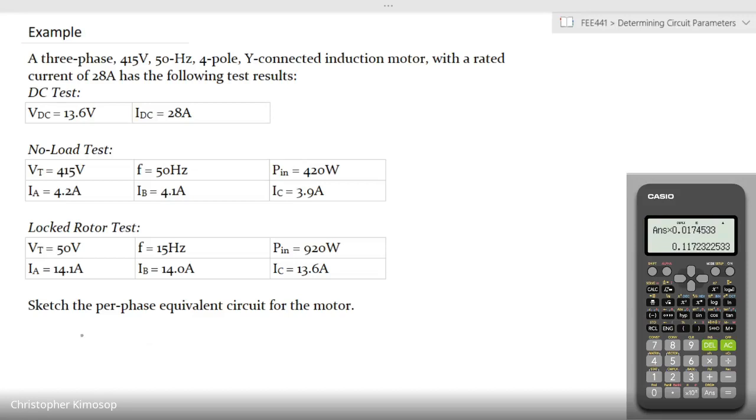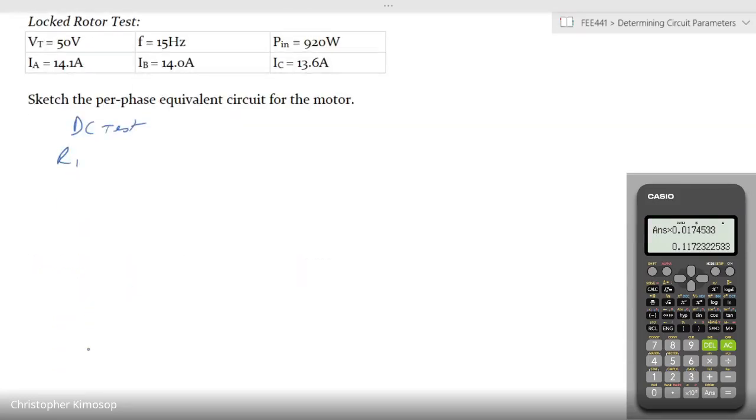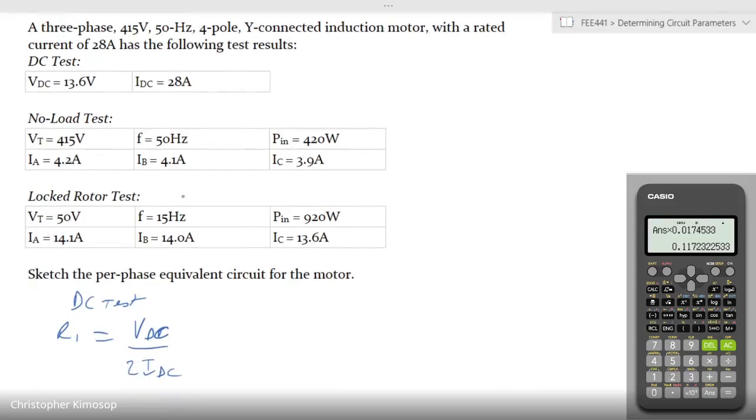The first thing we calculated was in the DC test, we were able to get R1. We established that R1 can be found from the DC test by doing VDC over 2 times IDC. So in this case, it is 13.6 over 2 times 28. With our calculator, 13.6 divided by 2 times 28.